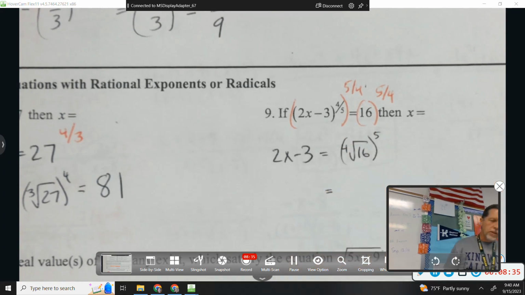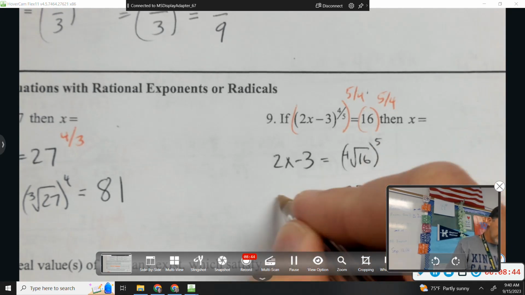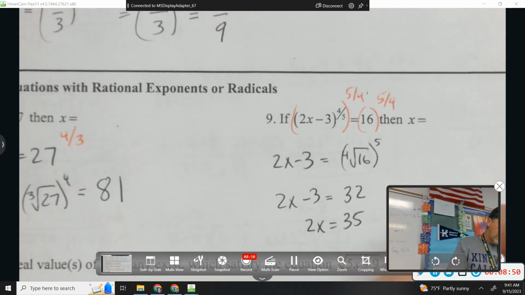The 4th root of 16 is 2. I feel like we've done that 3 times already today. 2 to the 5th is 32. And now I've got like algebra 1 level stuff here. 2x equals 35. X equals 35 over 2.